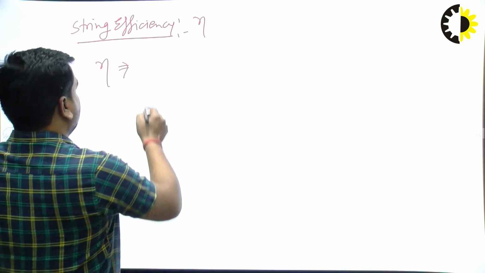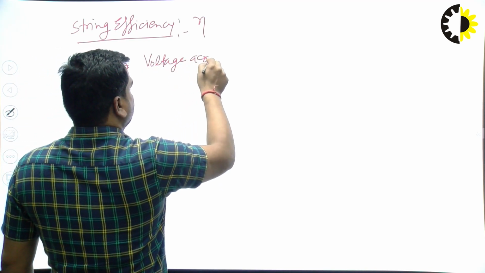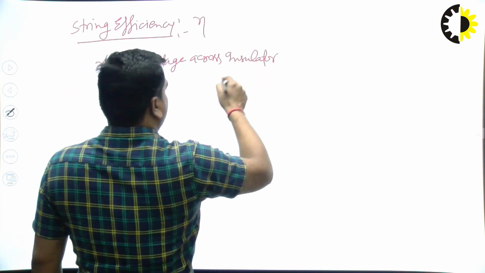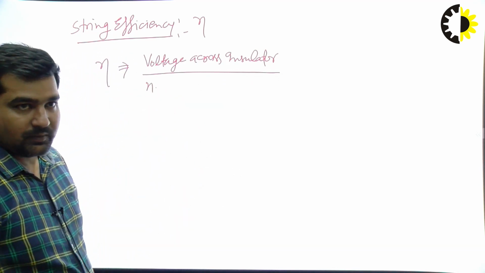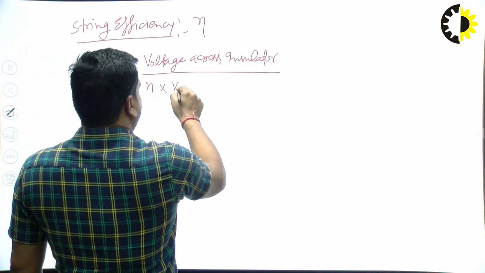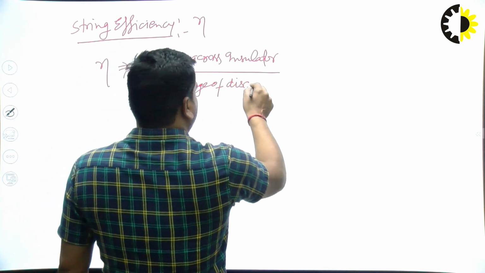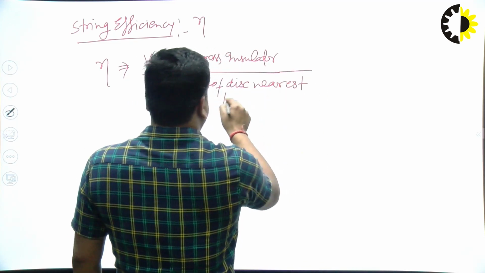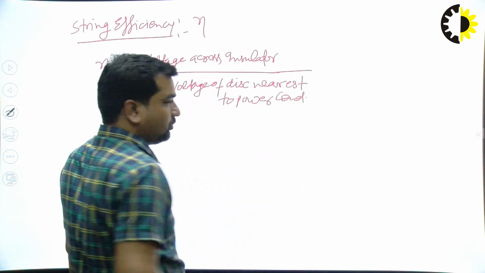It is basically the operating voltage across the insulator, divided by N, the number of discs in the insulator, into the voltage of the disc nearest to the power conductor.